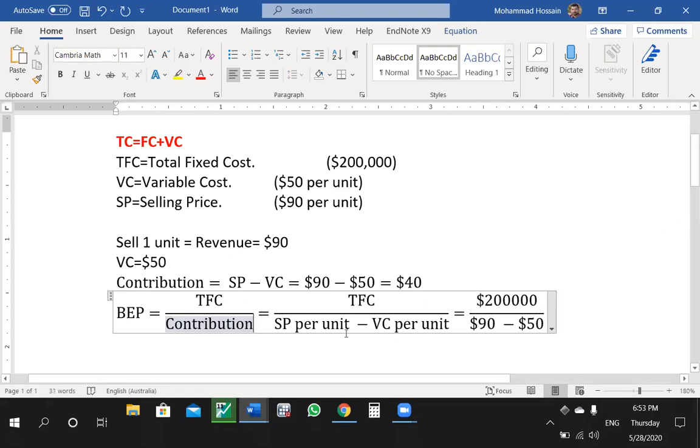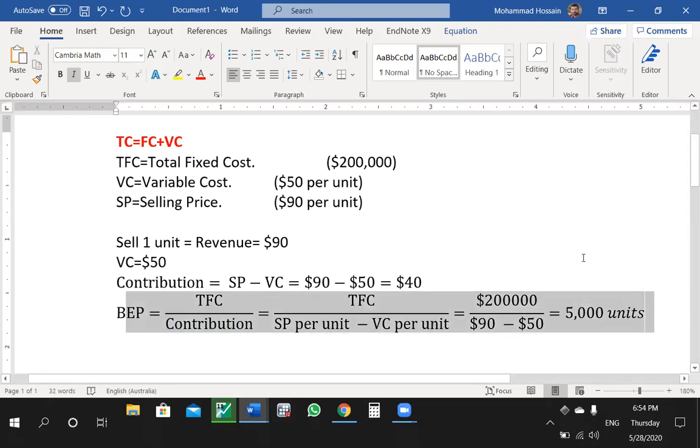Contribution means selling price per unit minus variable cost per unit. Divided by that, the answer will be 200,000 divided by 40, which is 5,000 units. It's going to be 5,000 units. Okay, the answer is in units.